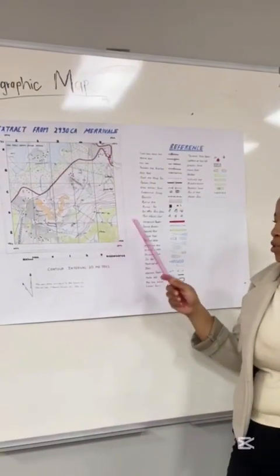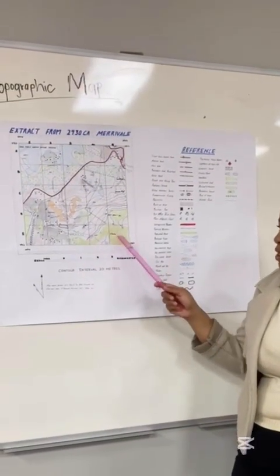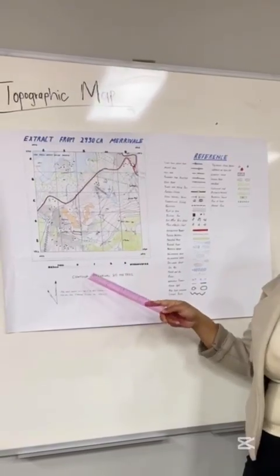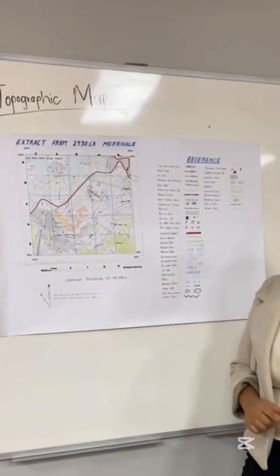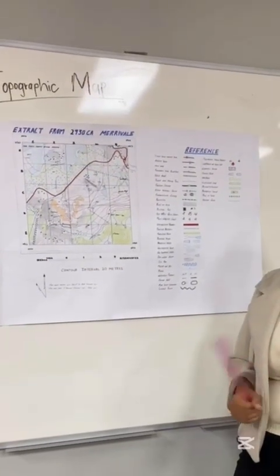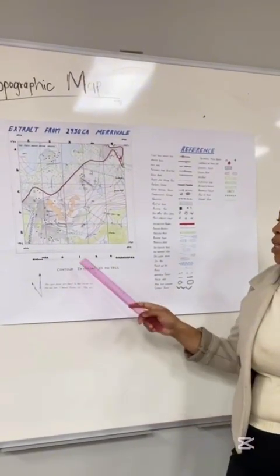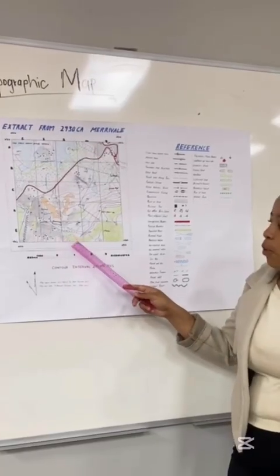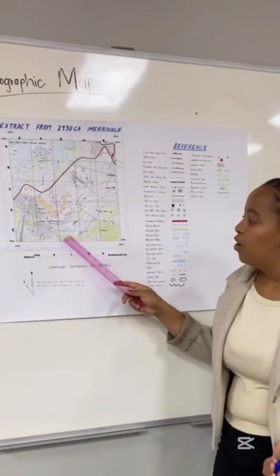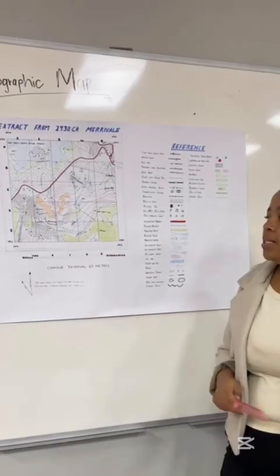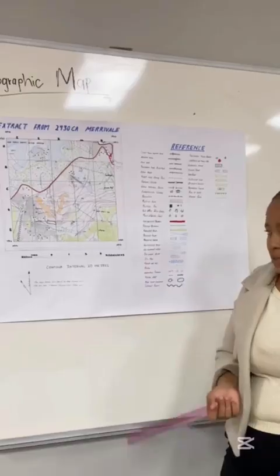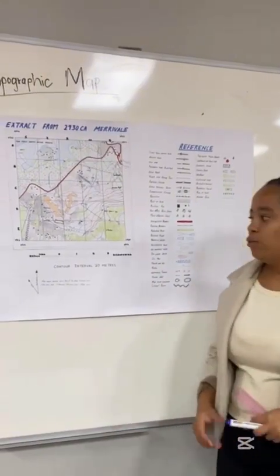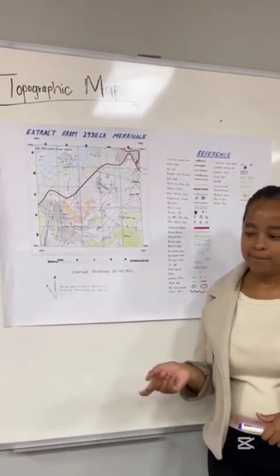Looking at our topographic map, we have these brown lines. Let's say these brown lines are indicated at 200 meters above sea level. This means that each and every point found along these lines is 200 meters above sea level. We also have rules when it comes to contour lines.